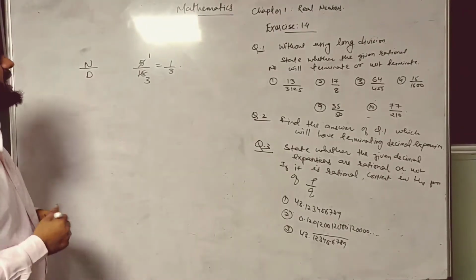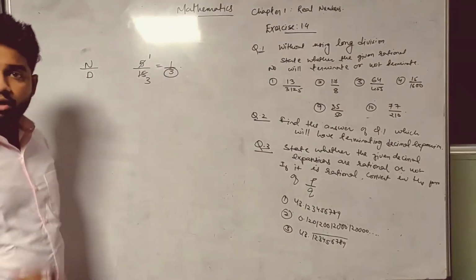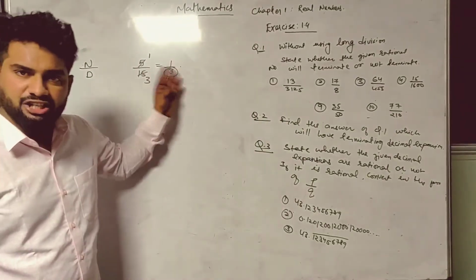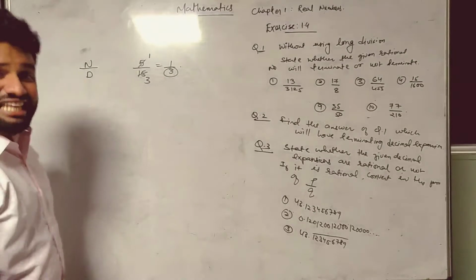Then the next job is to look only and only at the denominator. After you have converted it to a proper rational number, look at your denominator. The denominator is 3.